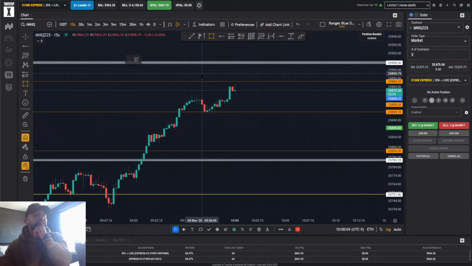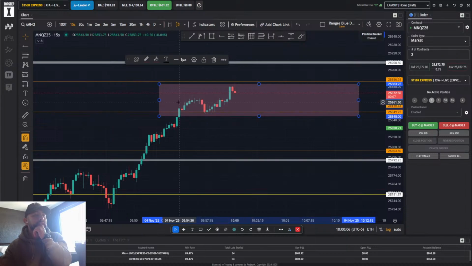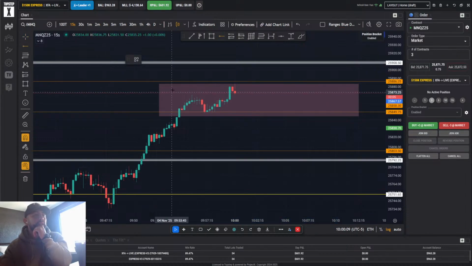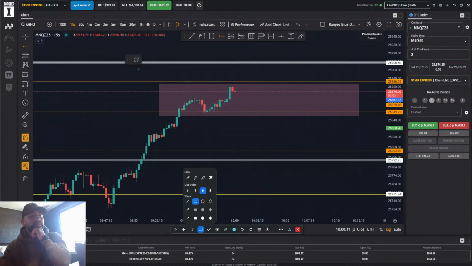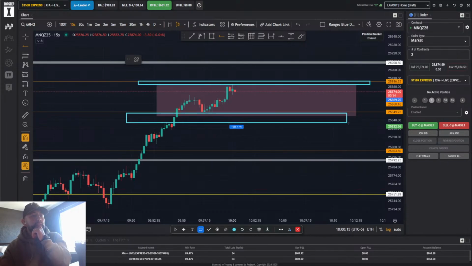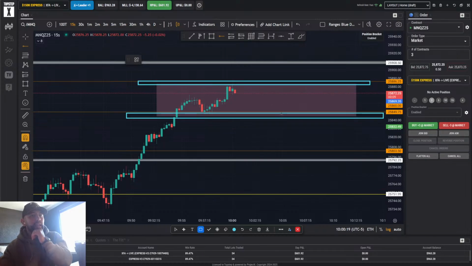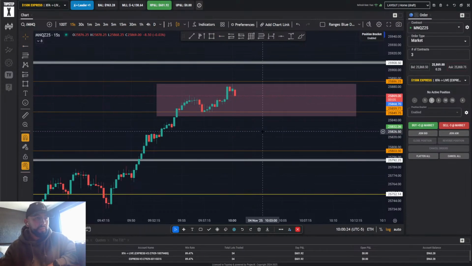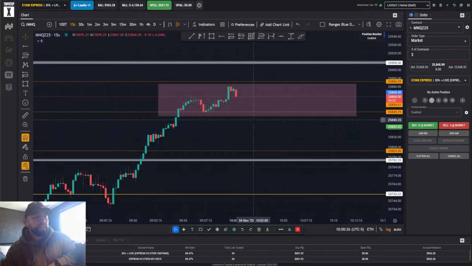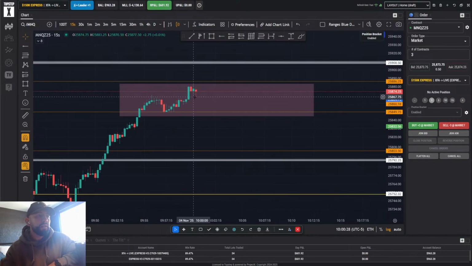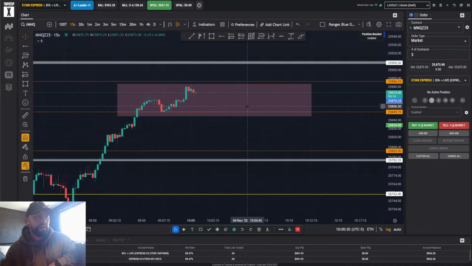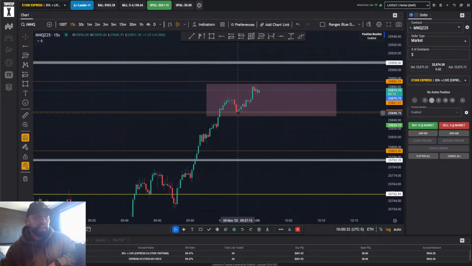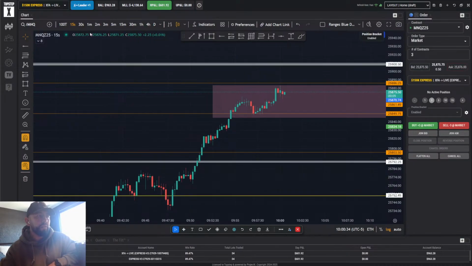But I know if the 15-second creates a range, well, now I can play this range if I wanted to. I can have this range, and now I can just play this. That's still a 20-point move. So when it gets back up here and retests this, I could probably look to go short, targeting this bottom, the 50s here, if I really wanted to.